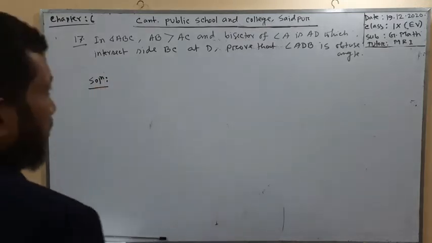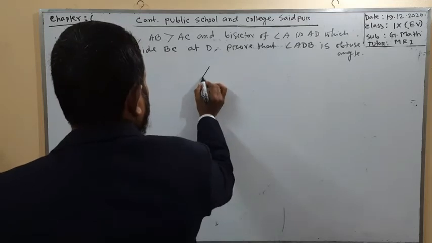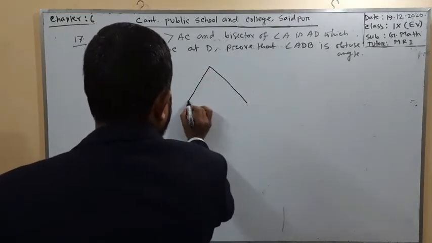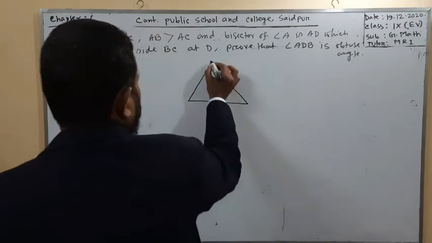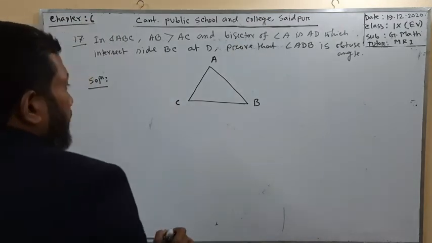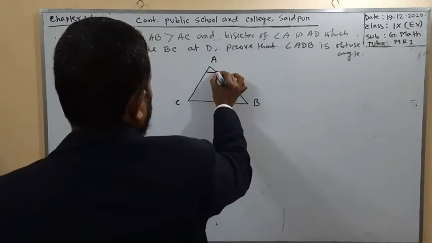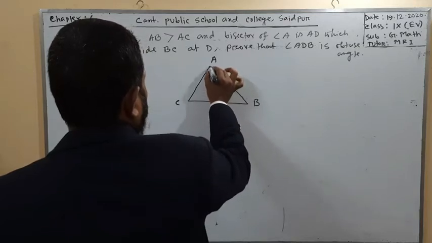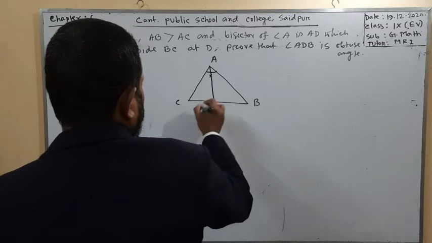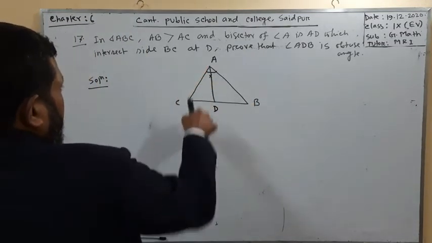According to the above information, first I am drawing the figure. Since here AB is greater than AC and AD is the bisector of angle A, that is here angle BAD is equal to angle CAD.